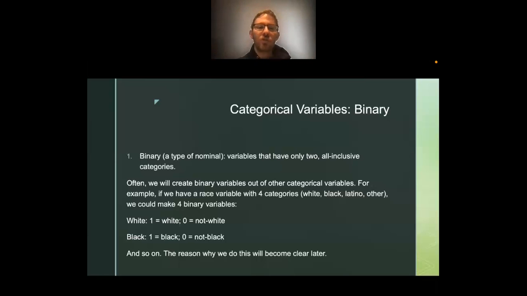So it still includes all of the people in the sample, but it's coded as two possible categories, right? We could do the same with black, Latino, and other. Code 1 for the group that we want to talk about, so the Black population, and then 0 for everyone else. So that's called a binary variable.